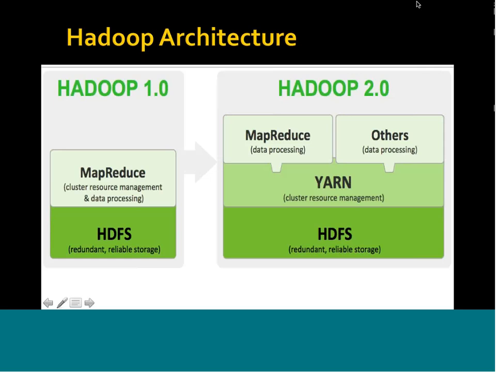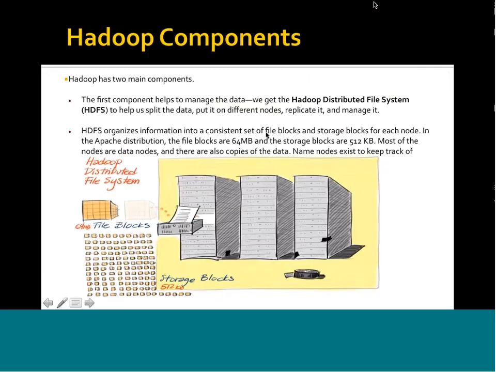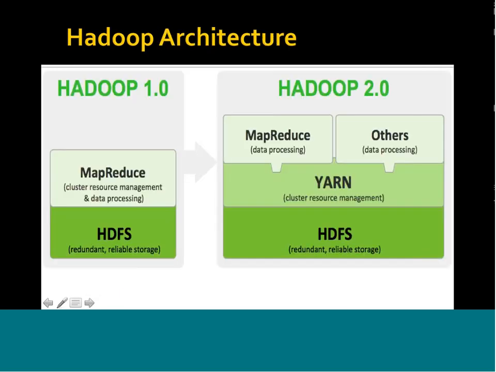MapReduce now is responsible only for data processing. You have another component called YARN, which takes responsibility of cluster resource management. So it decouples your data processing from cluster resource management. We'll see in detail how we can configure YARN also in our ecosystem. Apart from this, Hadoop 2.x talks about other ecosystem products also, which are there to help you in managing your diversified data.